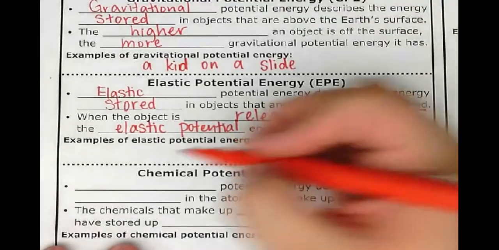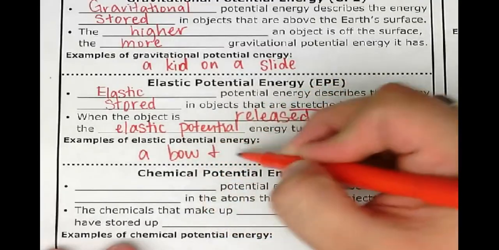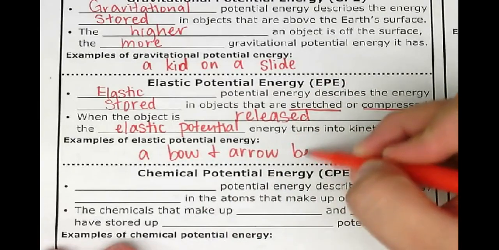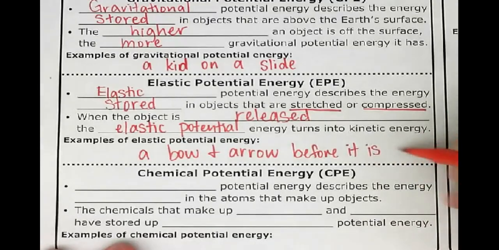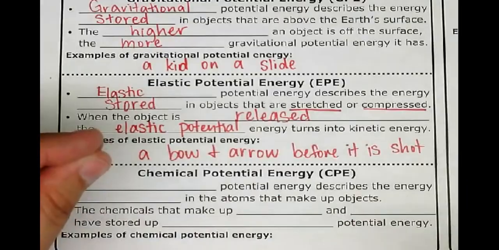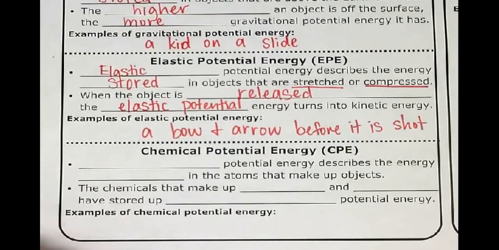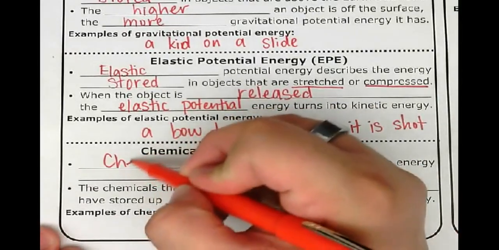So an example could be a bow and arrow before it is shot. You pull that bow and arrow back so that the string is tight and it has EPE. The last one for potential energy is chemical.